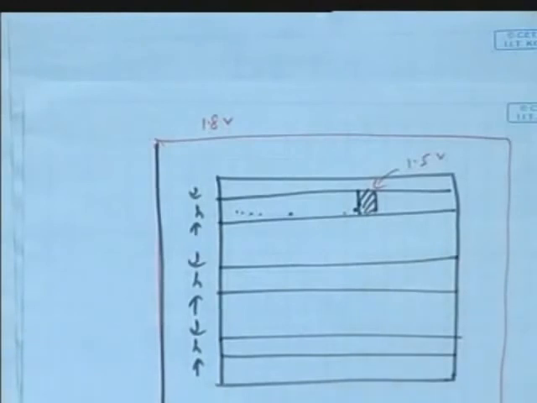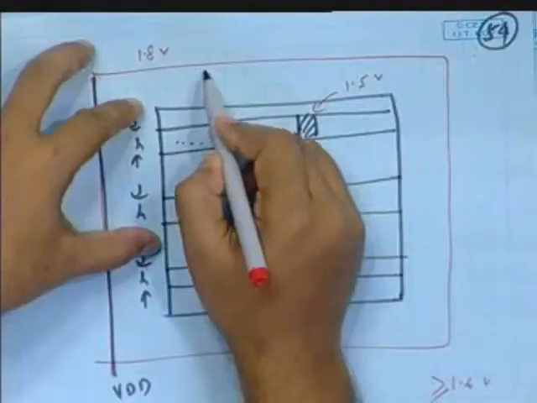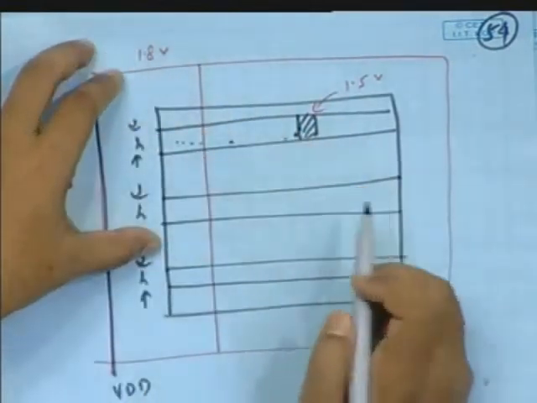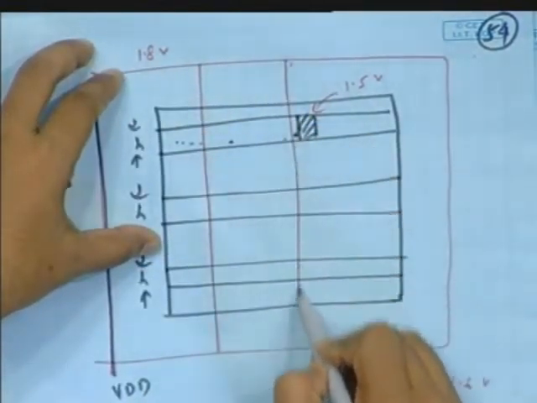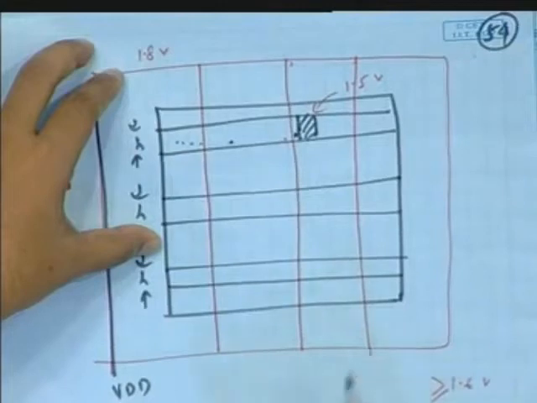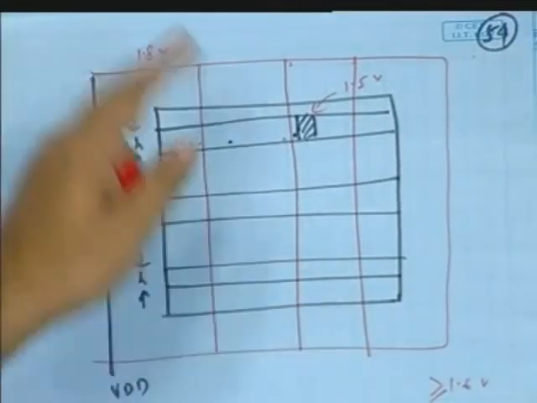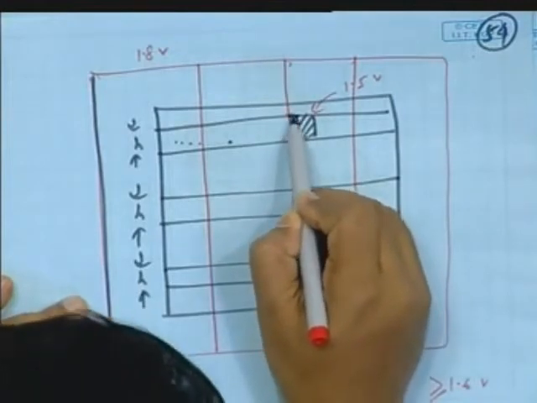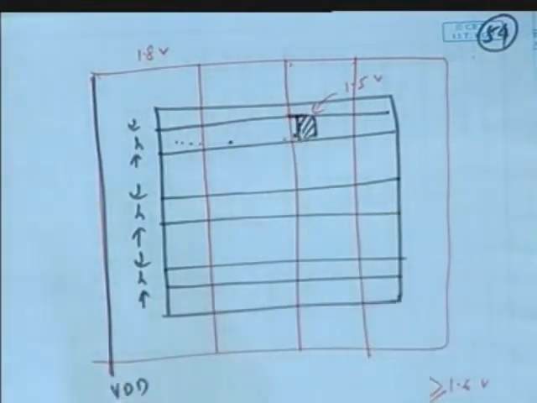So what you have to do, from common sense, I should have some kind of power straps. These are called straps, these are called rings, okay. So I draw this like this is another metal layer, the powers are moving like this. So for this fellow the power it will take from here itself, it's a very small distance, right.